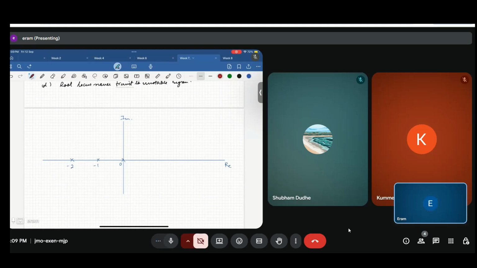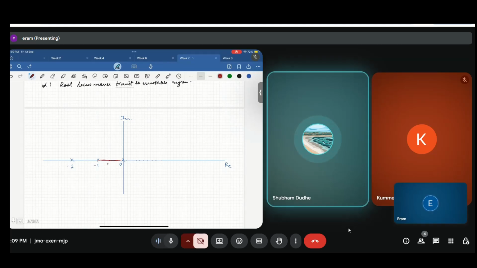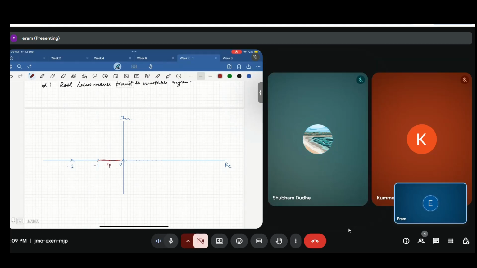If you see on the right, we have no poles or open loop zeros, so this part will not lie in the root locus. And if you see this real part from -1 to 0, will it lie in the root locus? If you choose any test point s_p, then yes. When you look on the right, you have one open loop pole, which is odd, that is 1.